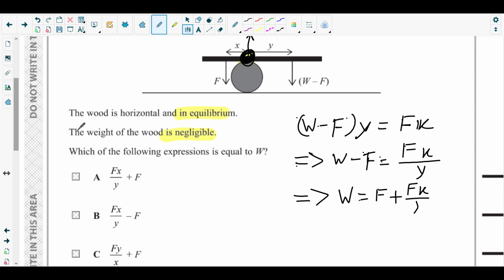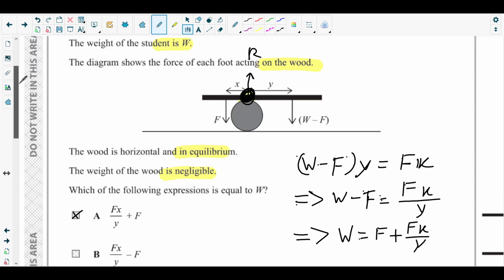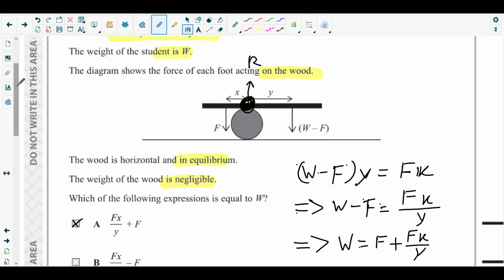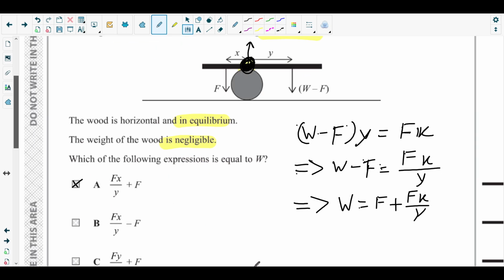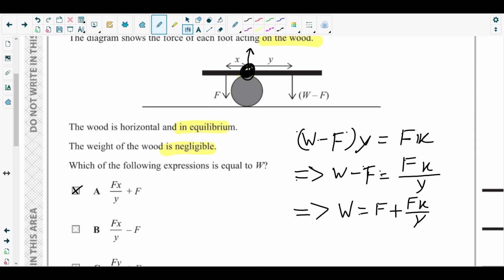Basically Fx over y plus F. That means A is the correct answer for MCQ 10. So that's the end of section A from the October 2024 Physics Unit 1 paper.